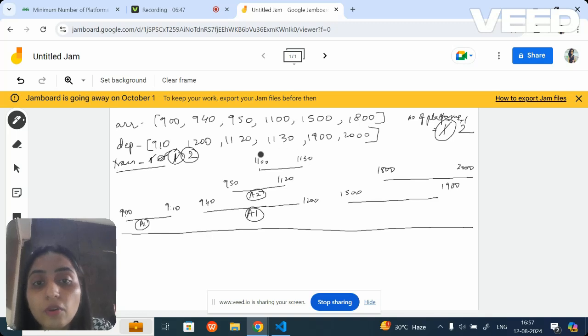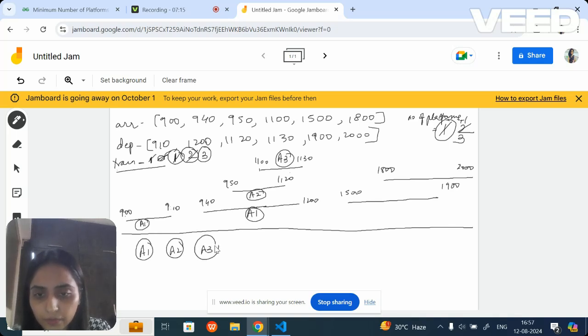I don't have a platform to accommodate me, and I cannot wait. So I will create another platform. Now the number of trains is three, correct? Let's name that platform A3. So now we have three platforms: A1, A2, A3.